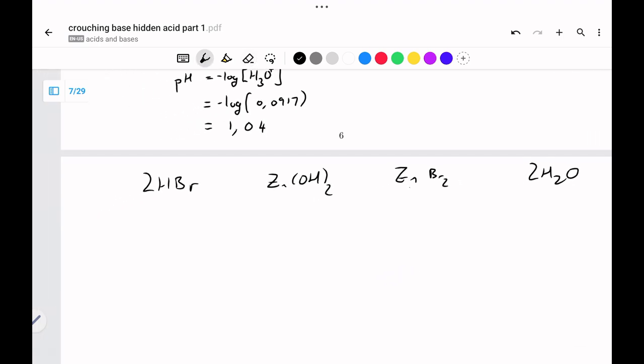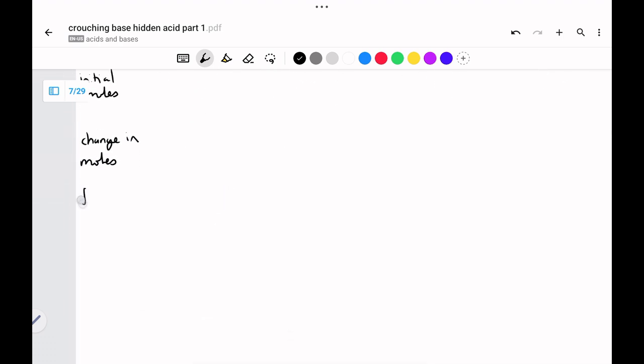Okay, so not sure what happened. Okay, and then change in moles, and then final moles.